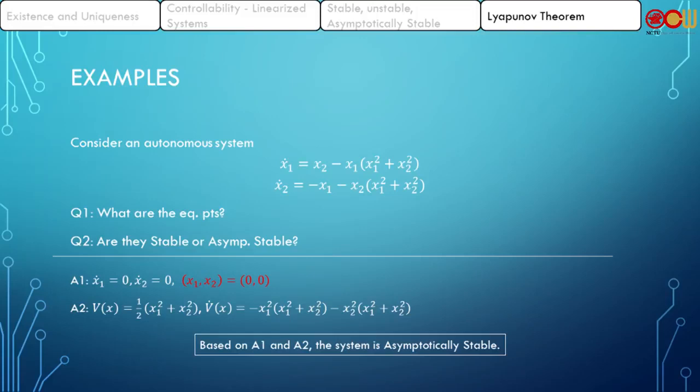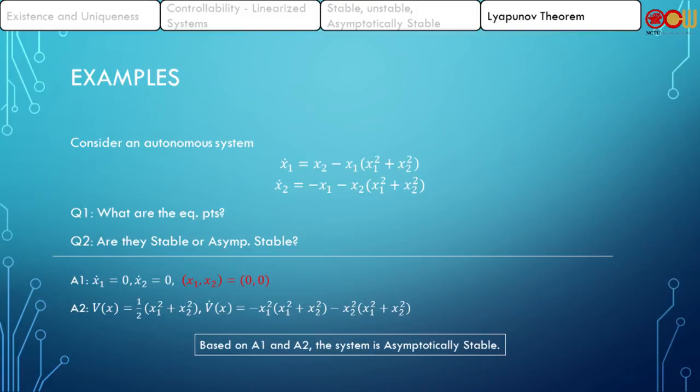You have modeled a mechanical system that gives you this kind of dynamics, and the question to ask is: what is the equilibrium point? Is this system stable, asymptotically stable, or unstable? It might be hard to solve this, but Lyapunov theory could be the tool to evaluate stability for this kind of system.